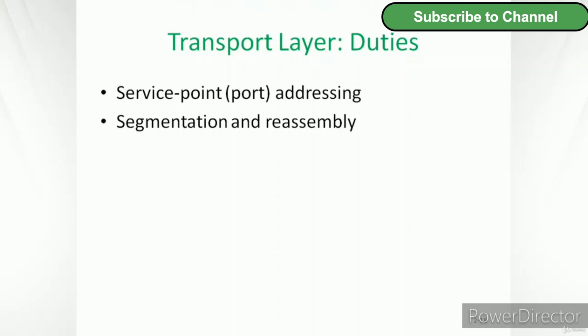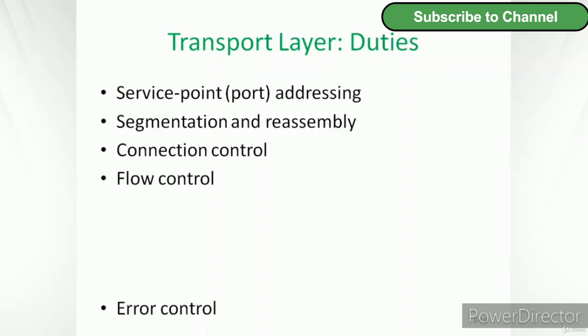Then segmentation and reassembly: data is segmented and then it is assembled. Then connection control: the connection is established and then it is controlled. Then flow control and error control.